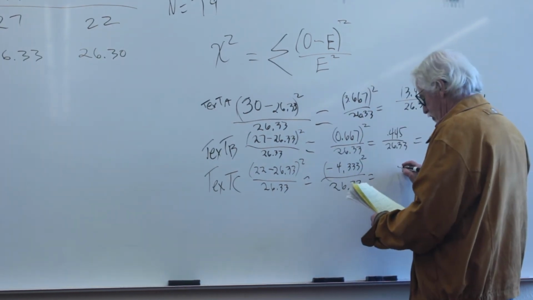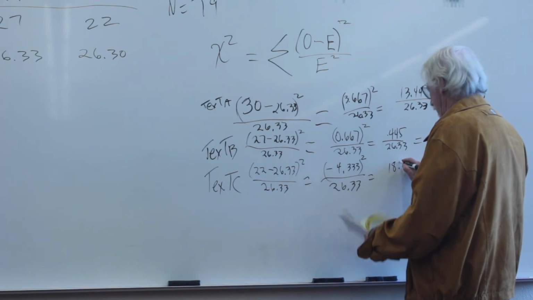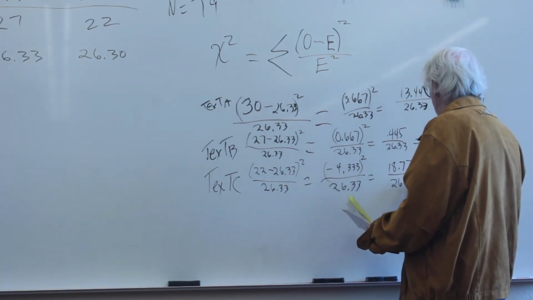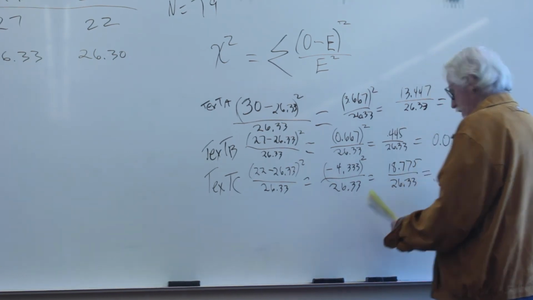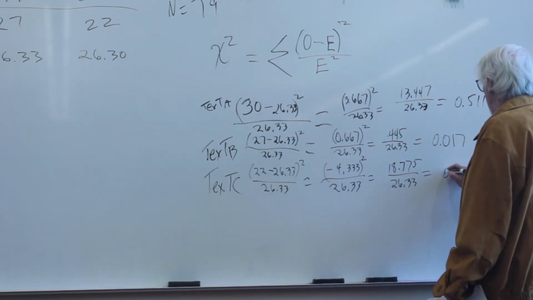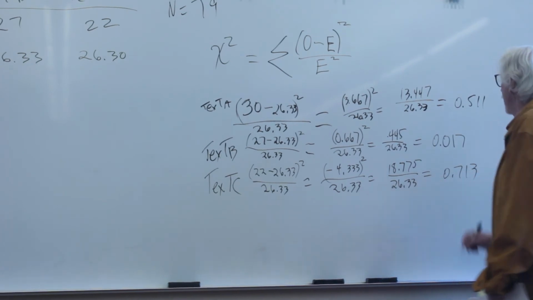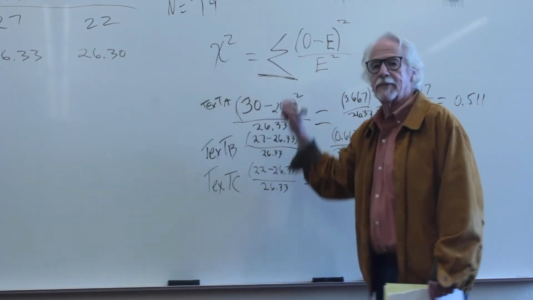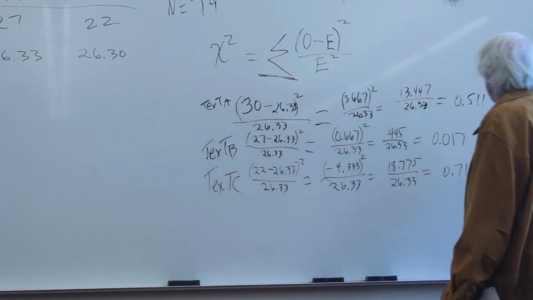Which is equal to 18.775 over 26.33, which is equal to 0.713.